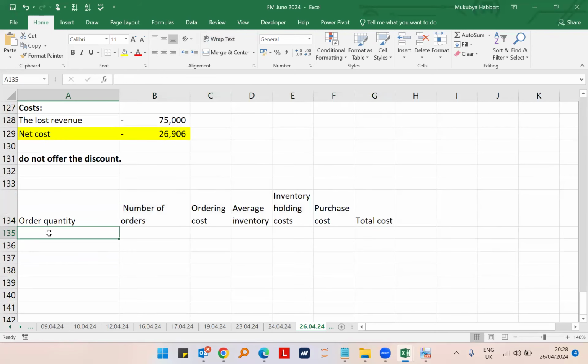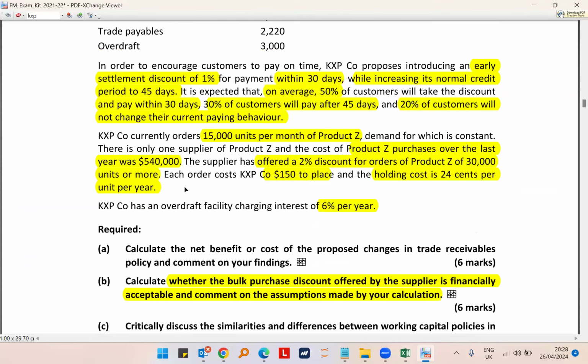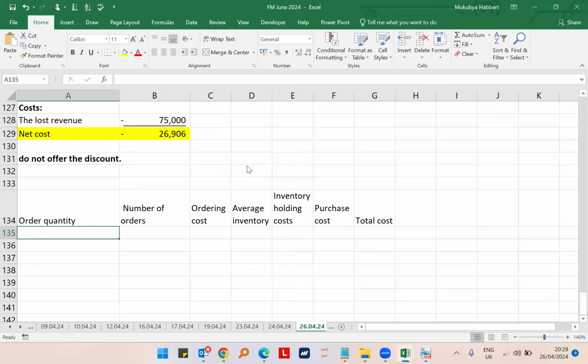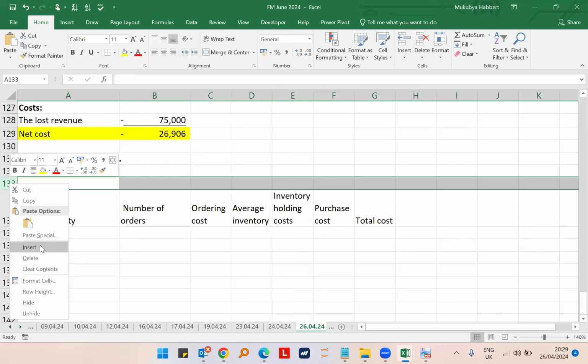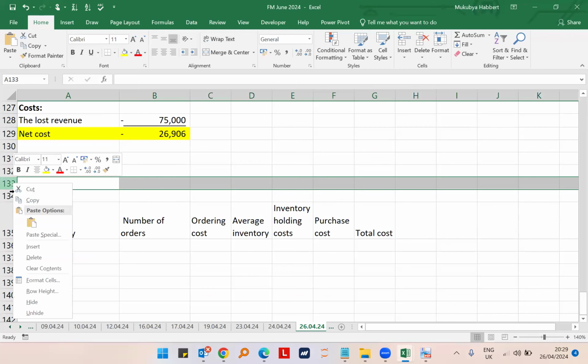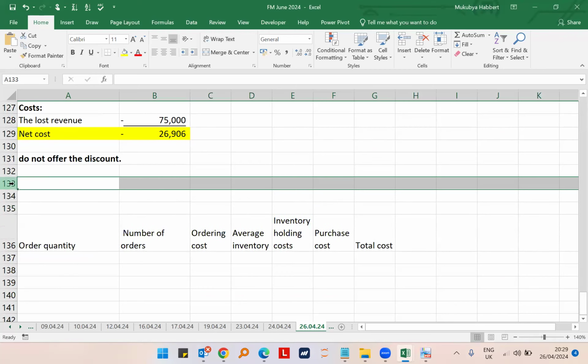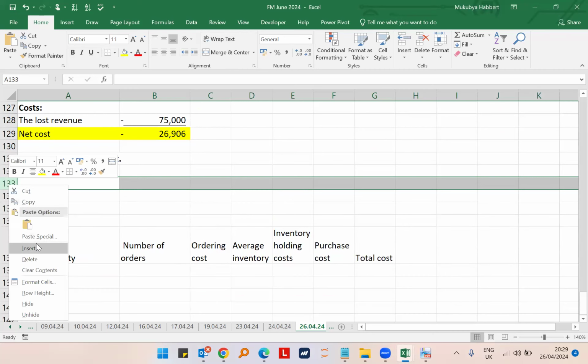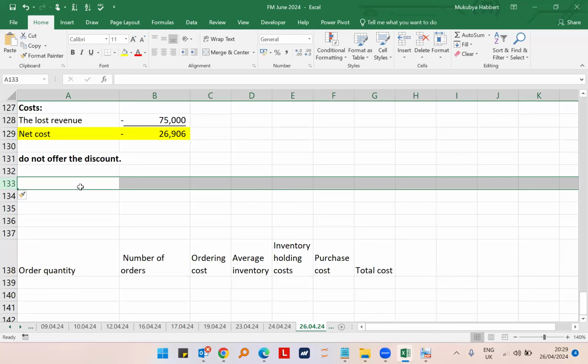Now, they have told us that at the moment, we order 15,000 units per month. So, which means that the demand is how much? So let me first set up here, so that we put some factors here.